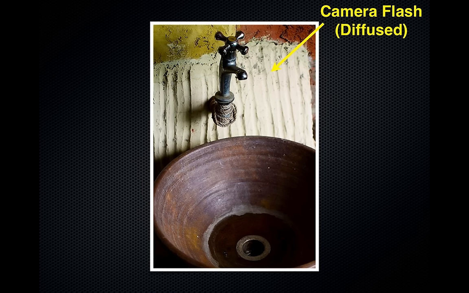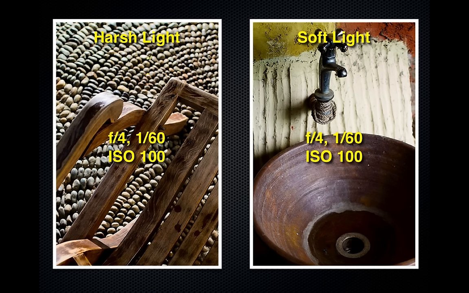Now I'd like to point something out. Light quality has nothing to do with the quantity of light at one point. For example, look at these two shots. In the first shot, I used a lens opening of f4, shutter speed of 60, and ISO 100. And the light is very harsh. Why? The light in this shot is not diffused.